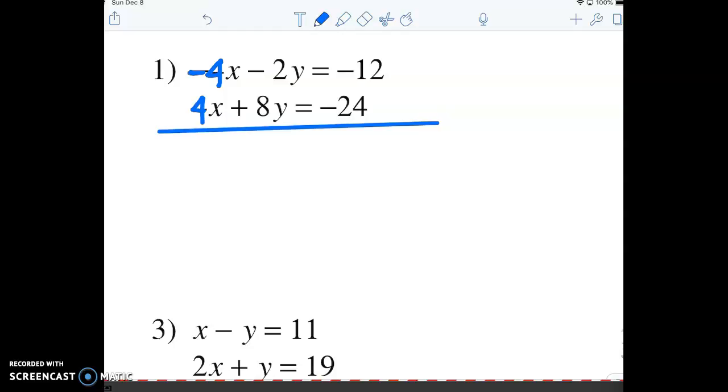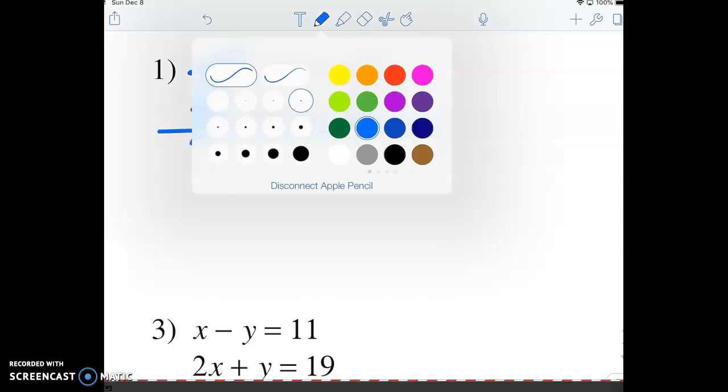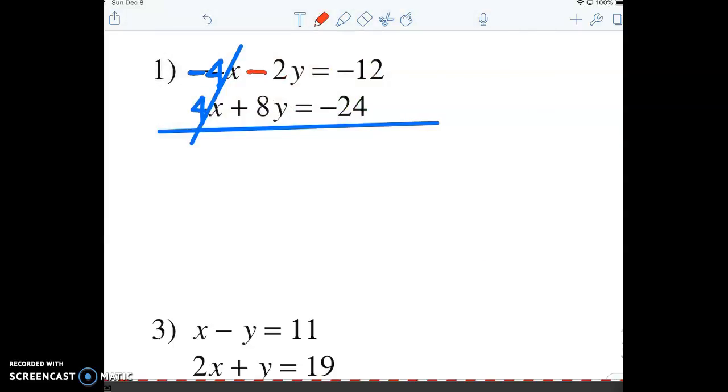So, right here, this -4x and that 4x cancel. They go away. When I take this -2y plus 8y, I get positive 6y. Okay, they shared the y, so the y comes down.